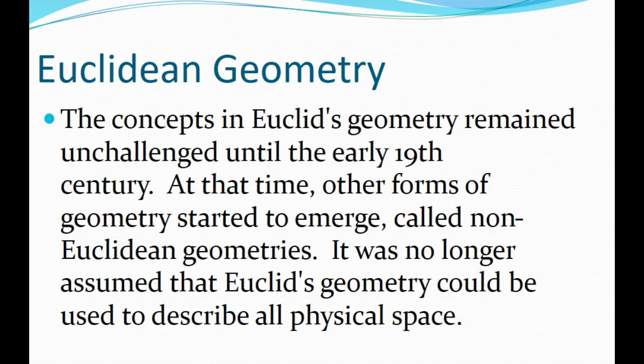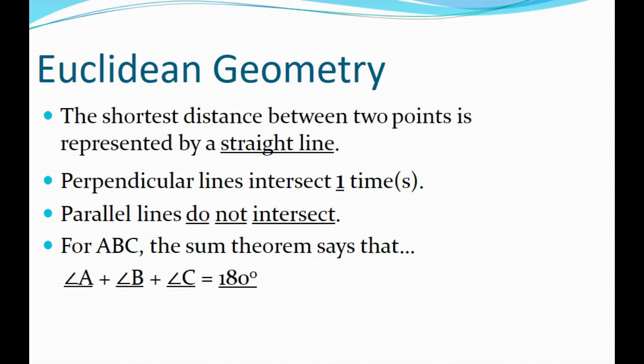Okay? So, this is where we're going to write on the left-hand side of our notes. These are the basic things that you either know or you're going to learn this year about Euclidean geometry. So the first blank, the shortest distance between 2 points is a straight line, right?